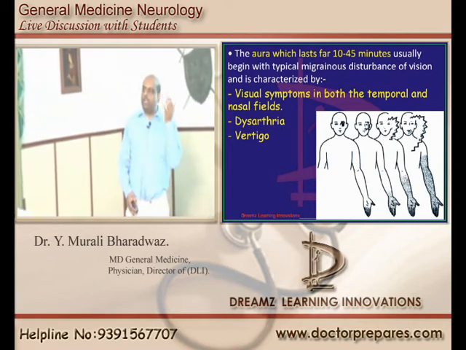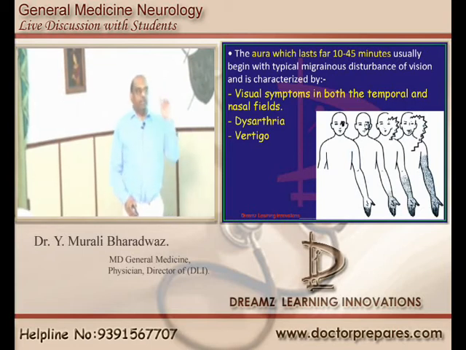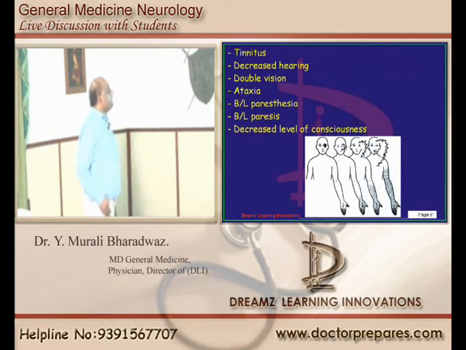Because cerebral cortical areas are associated with speech, and vertigo because in the brainstem you have the vestibulocochlear nucleus. So if the brainstem suffers ischemia, then vertigo will also be a presenting feature. Tinnitus, double vision, ataxia, paresthesia, decreased level of consciousness, all of them are presenting features.